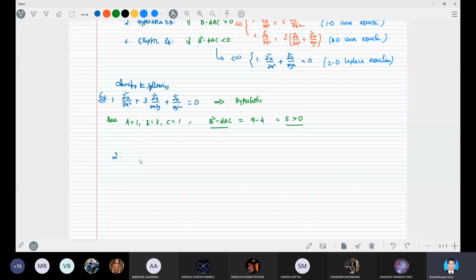Now look at another example. We are taking ∂²u/∂x² minus 5 ∂u/∂x is equal to ∂u/∂y. So can you classify this?